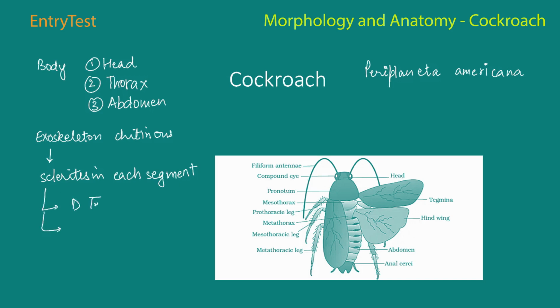Dorsally they are known as tergites, and ventrally they are known as sternites. And they are joined to each other by a thin membrane called arthrodial membrane. This articular membrane helps to join the sclerites of each segment.